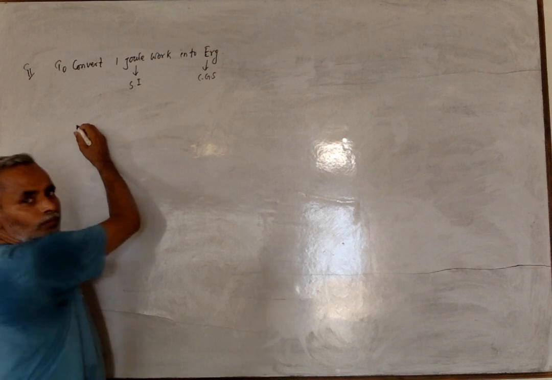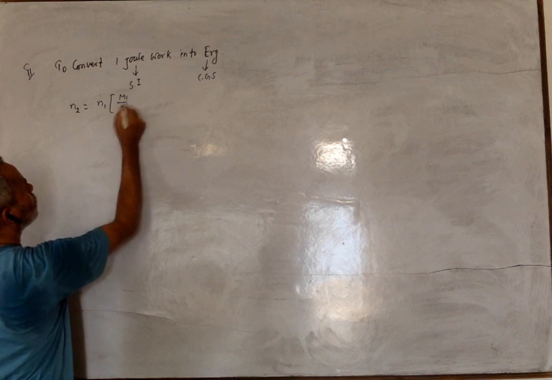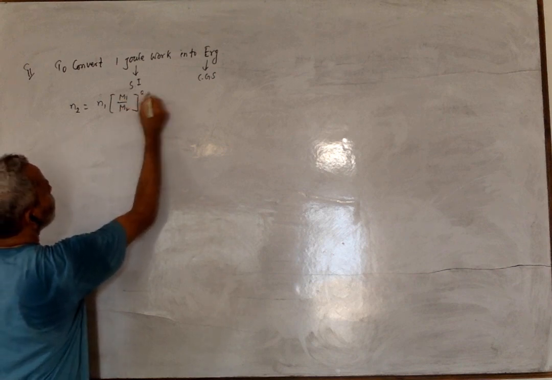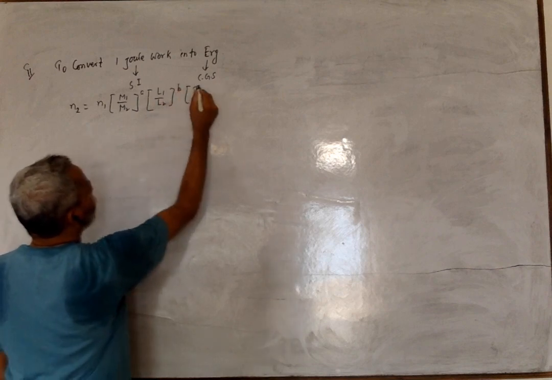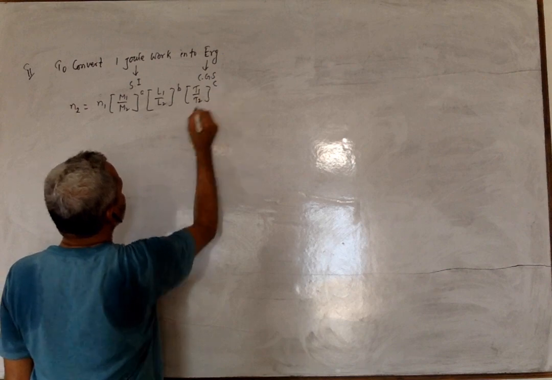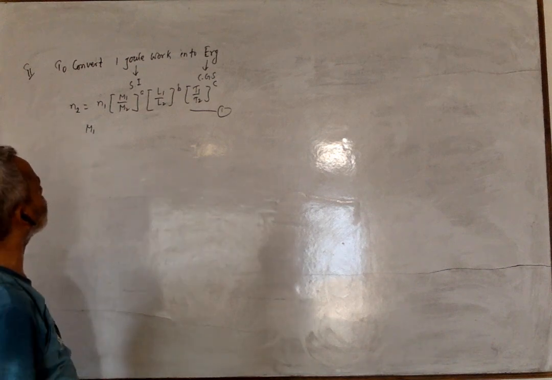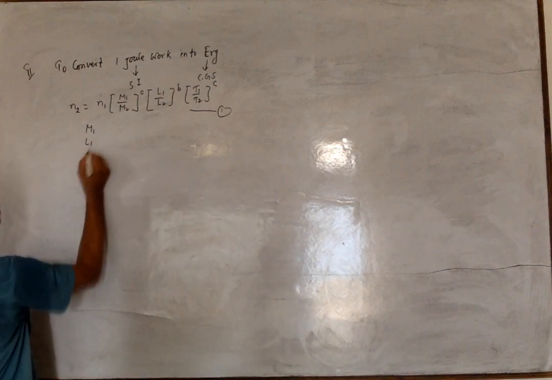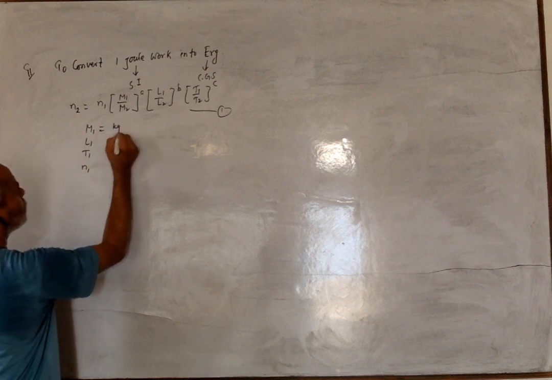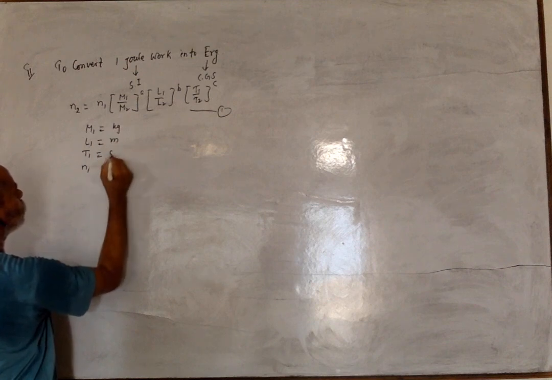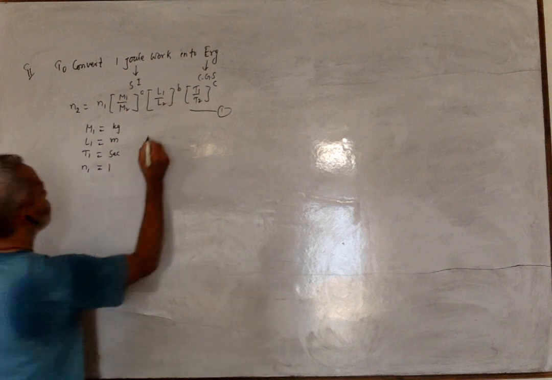First we write the formula N2 equal to N1 into M1 by M2 to the power a, L1 by L2 to the power b, and T1 by T2 to the power c. M1, L1, T1 and N1, suffix 1, are given in SI: M1 kg, L1 meter, T1 second, N1 equal to 1.